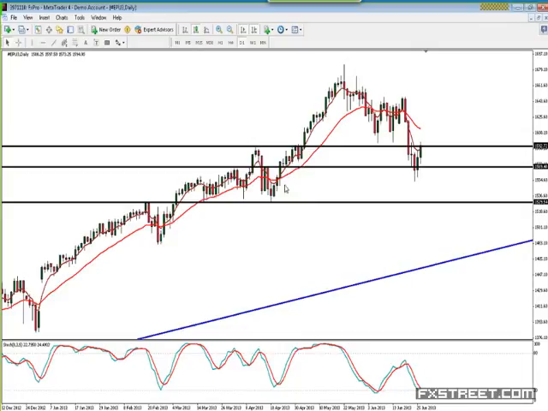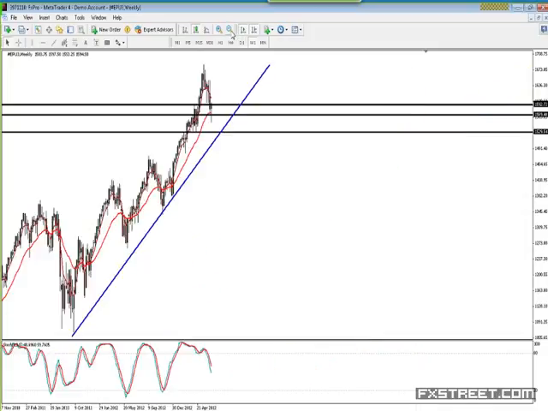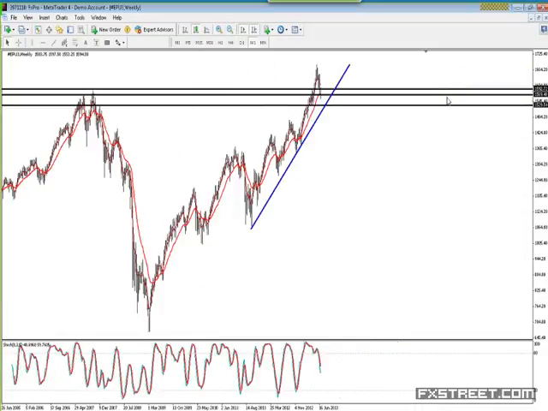Okay, so here is the S&P chart. Why is this bad boy bouncing where it is? Stunningly, it's the highs going back to 2007.